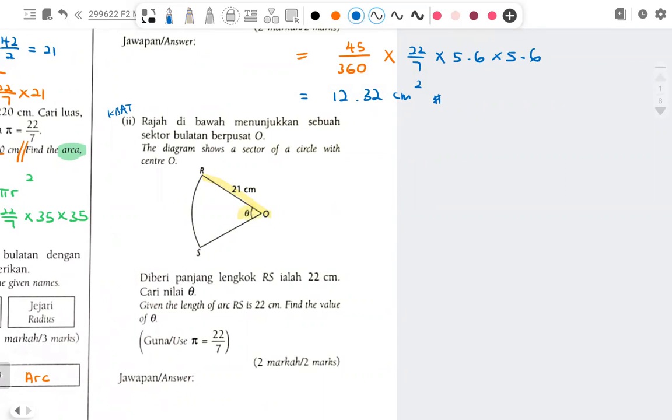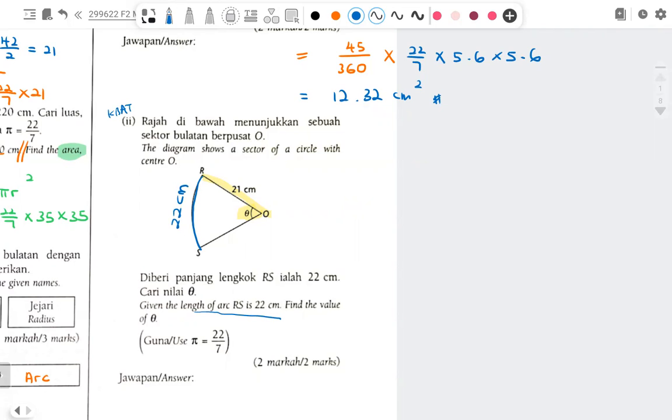How to write this symbol? You start from the middle, a straight line, then you do a curve, then move up. That's the symbol of angle. What we know is the length of the arc, this curved line, which is 22 centimeters. Find the value of the angle.